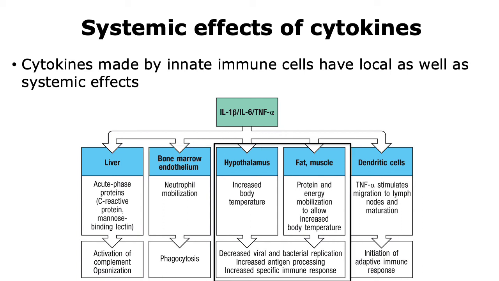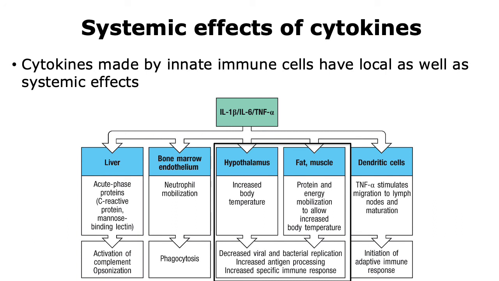Cytokines can affect the hypothalamus, which maintains the body temperature, and thus it can cause the hypothalamus to increase the body temperature so that we come down with the fever. In order to increase the basal temperature of the body, more energy is required, and thus cytokines can promote the degradation of fat and muscle so that the body temperature is elevated.